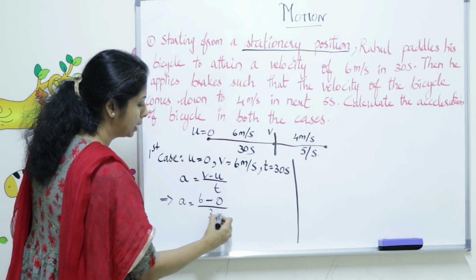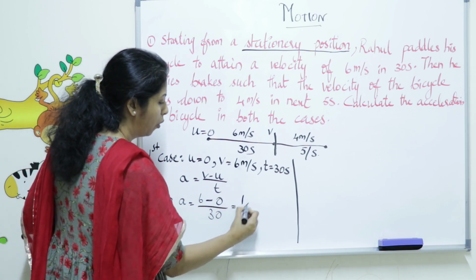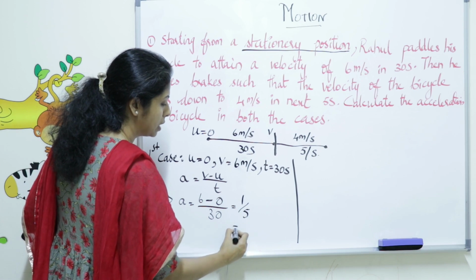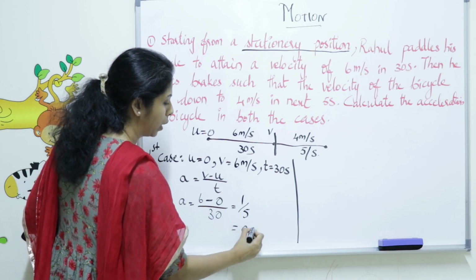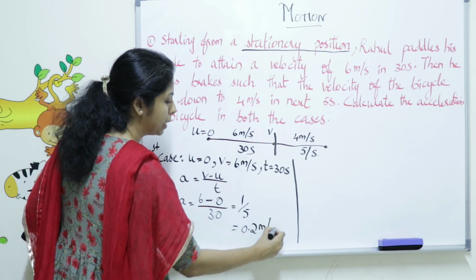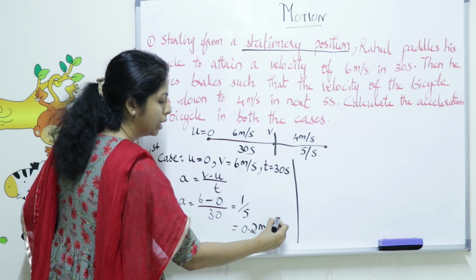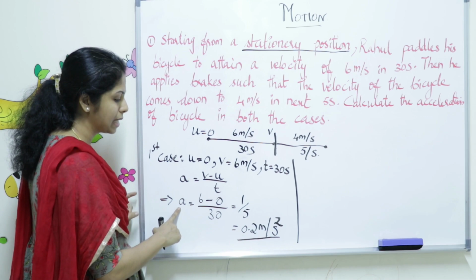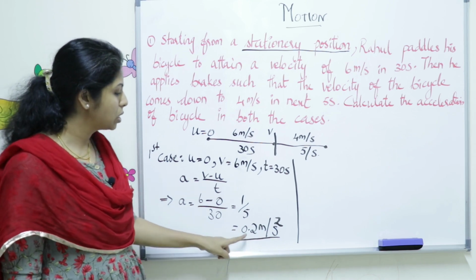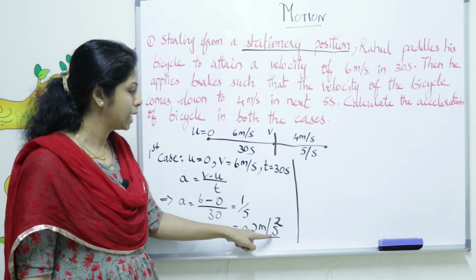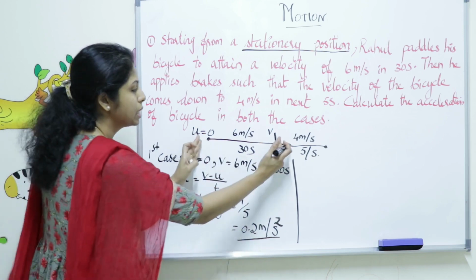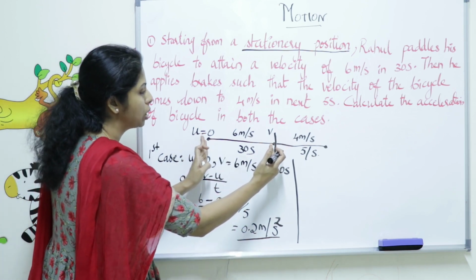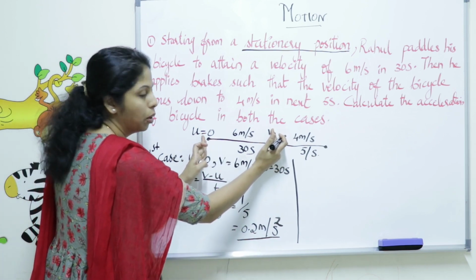So, you will get 1/5, which is equal to 0.2 meter per second square. This is the unit of acceleration. So, the acceleration is 0.2 meter per second square in the first case, that is, from the initial point to a particular point.